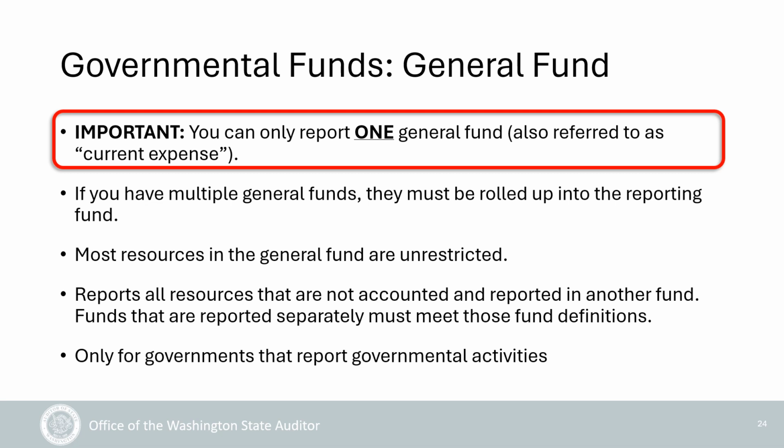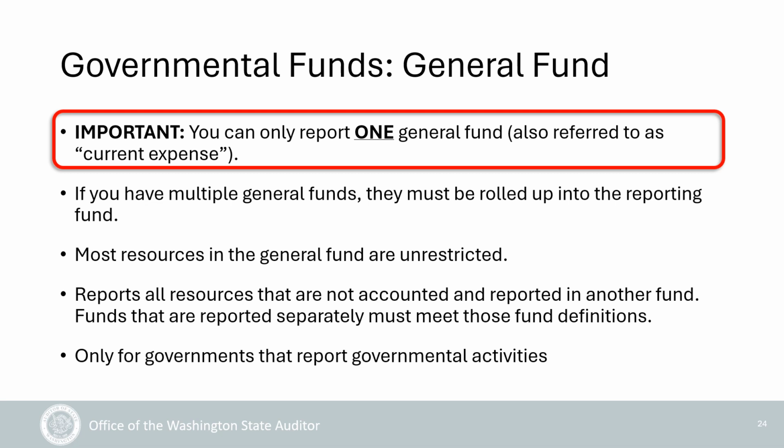Most of the resources receipted into the general fund are unrestricted and can be used for any governmental purpose, like general property taxes. However, that doesn't mean you can't have resources in the general fund that are restricted, committed, or assigned. It's just that oftentimes those resources are reported in other funds.